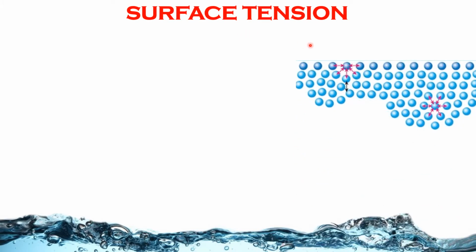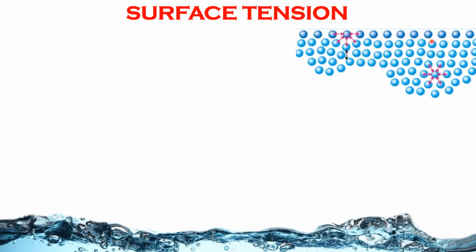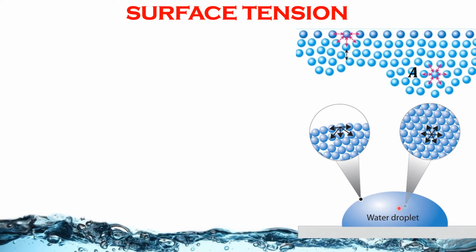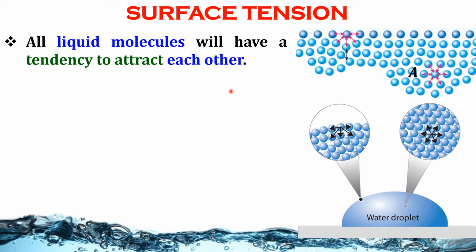Now we are going to briefly discuss surface tension on a liquid droplet. These are the molecules of the liquid droplet. I am going to consider a point A, which is in the interior part of the water droplet. All liquid molecules have a tendency to attract each other.